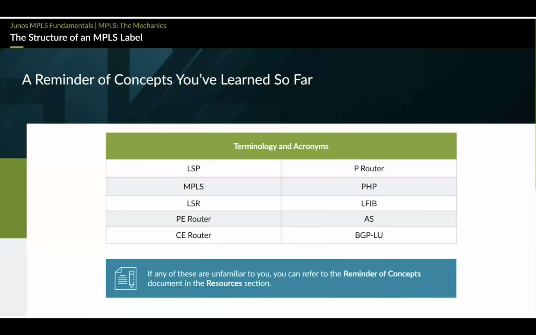Okay. So this is some terminology which is used in our MPLS session. Number 1 is LSP, label switch path; MPLS, multi-protocol label switching; LSR, label switch router; PE router means provider edge router; CE router, customer edge router; P router means provider router; PHP means penultimate hop popping.